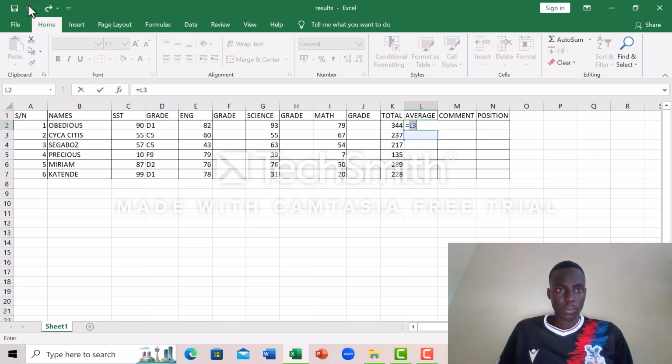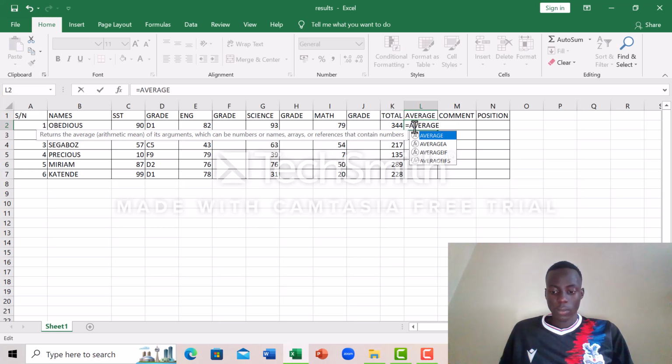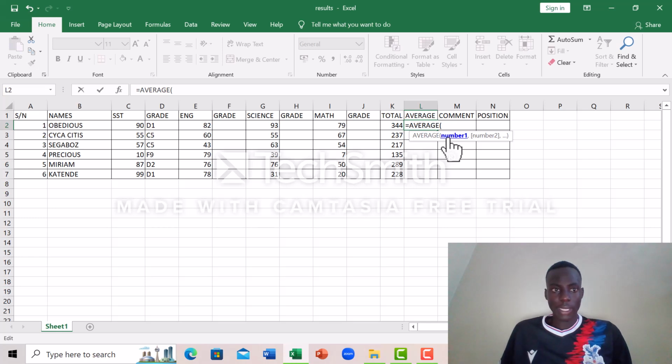Average, open brackets, the numbers, which is our SST here, so we shall go up to mathematics, then we shall cross our brackets, then we shall press enter.